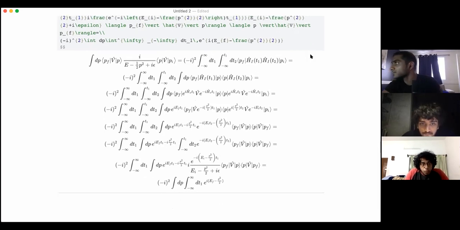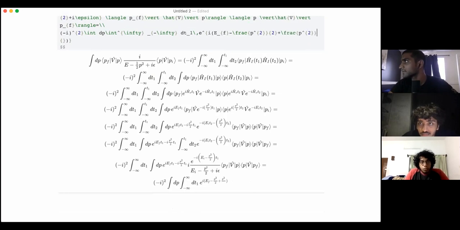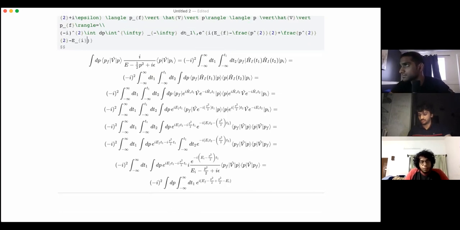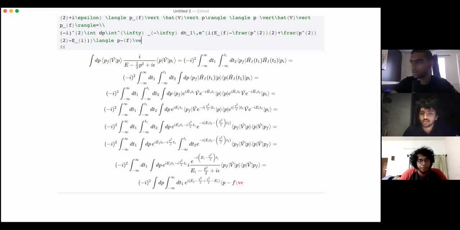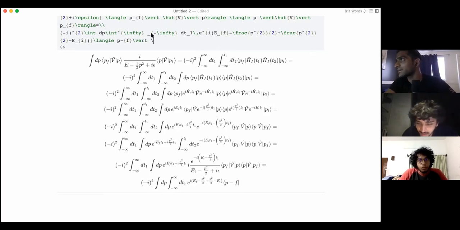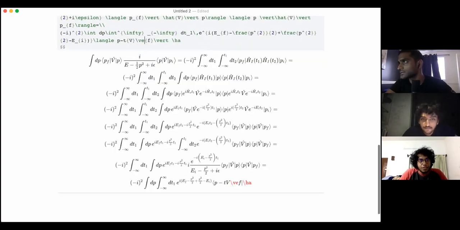Wonderful. So now we can get rid of this unsightly thing. Two minus E sub i times. Yes, finally. This is just so frustrating.